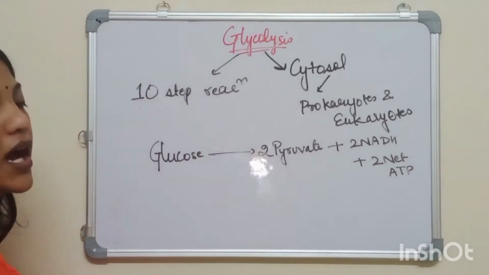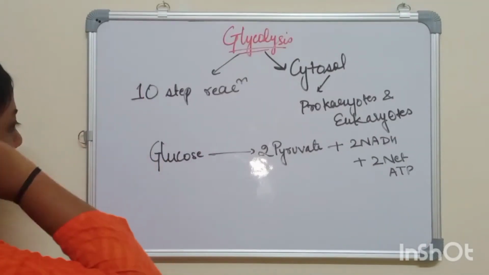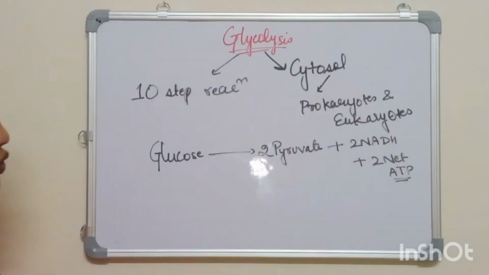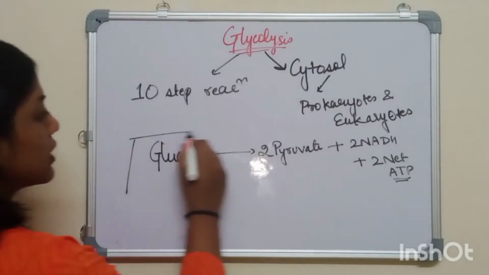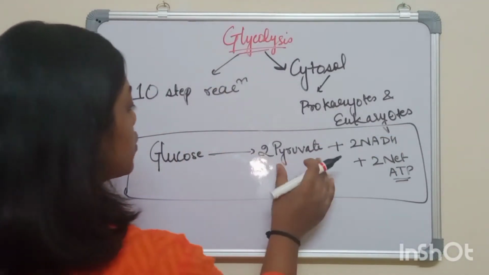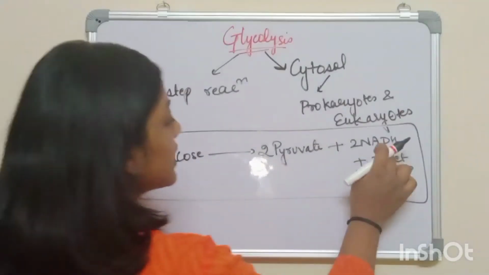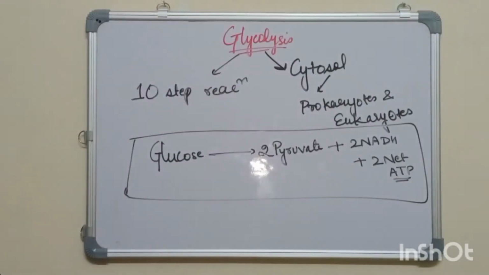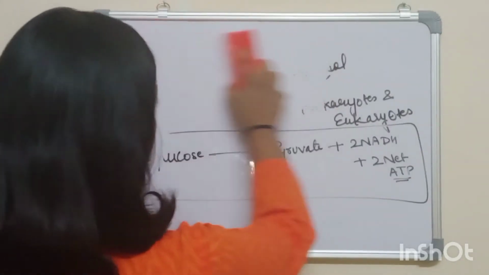Actually 4 ATP are produced, but as 2 ATPs are also used, the net production of ATP is 2. So this is the overall reaction of glycolysis. Glucose is converted to 2 molecules of pyruvate, 2 NADH and a net gain of 2 ATP. So let's discuss glycolysis in detail.